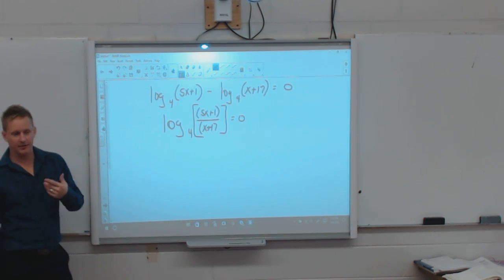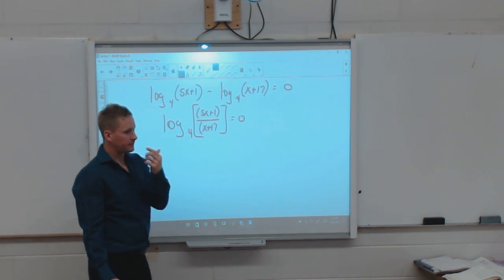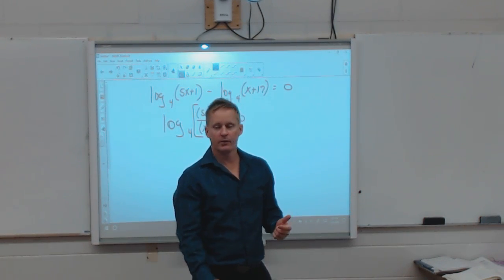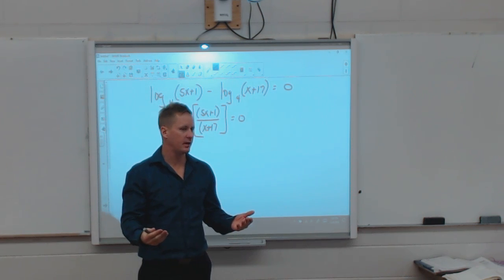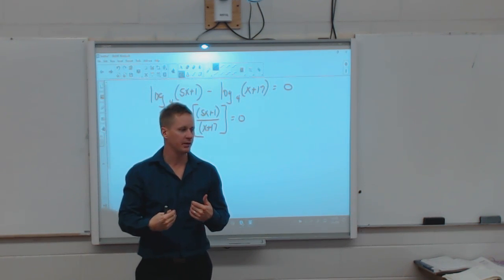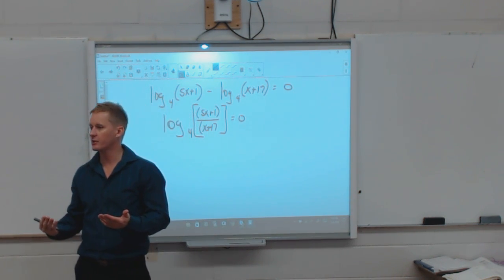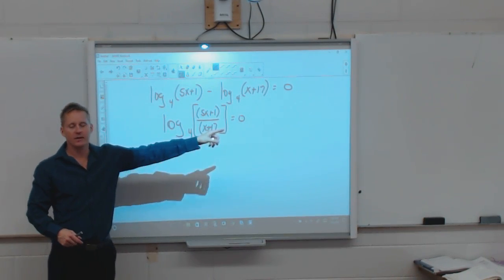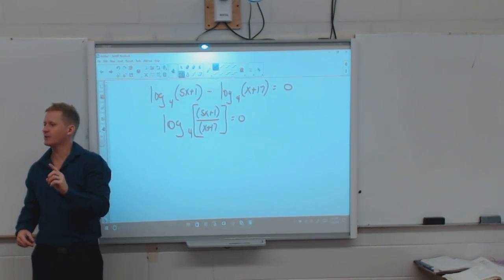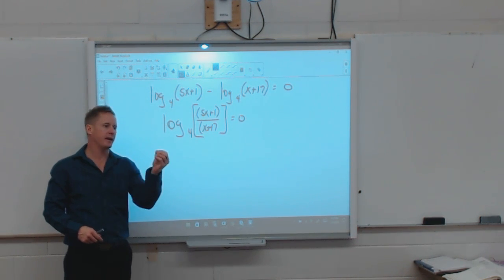Now think about it in terms of your exponent rules. When you have x to the 4th over x squared, you're dividing, so what do you do with the exponents? You subtract them. That's where this log rule comes from. Now, once I have a single logarithm, I can transfer it into an exponential.